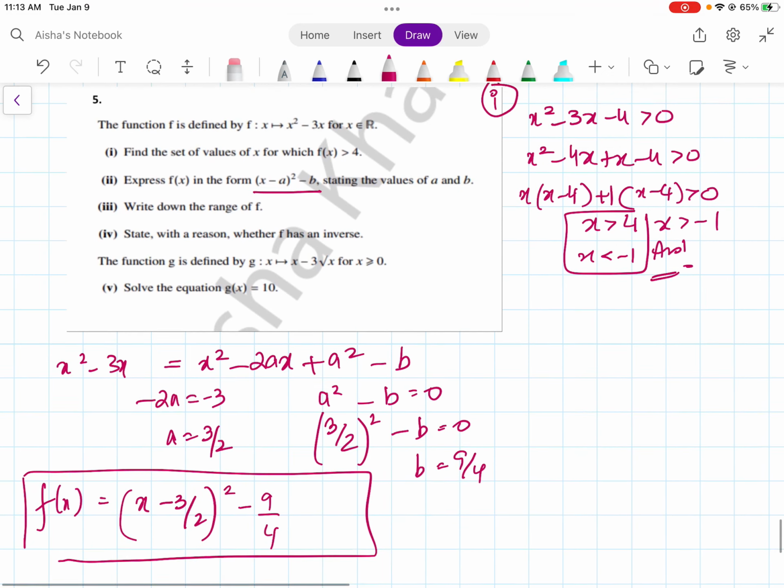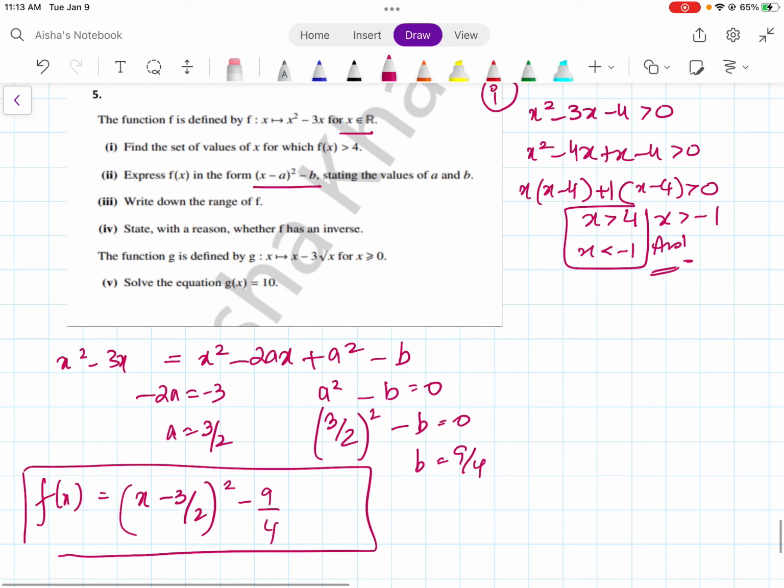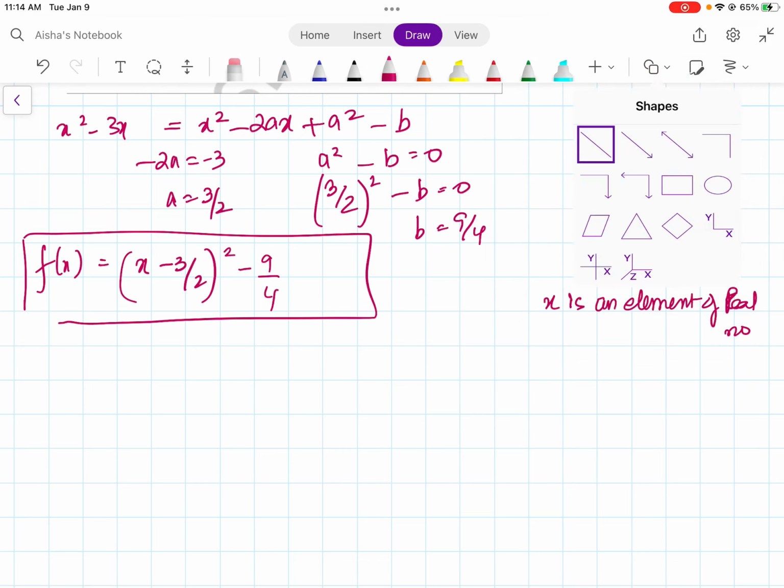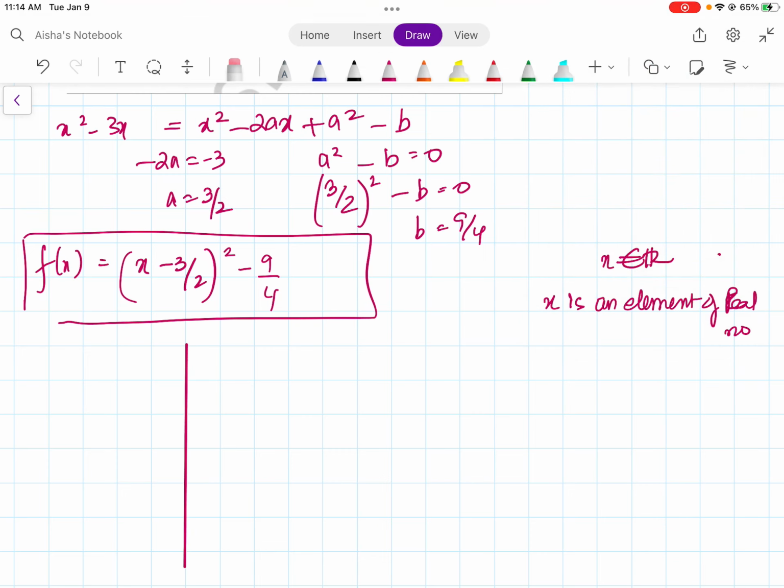Now write down the range of f. Now this is x is an element of real numbers. Let's plot the graph. 1.5 and this is minus 9 upon 4.